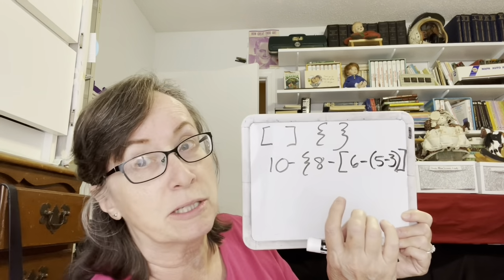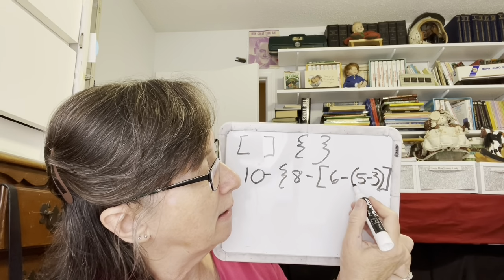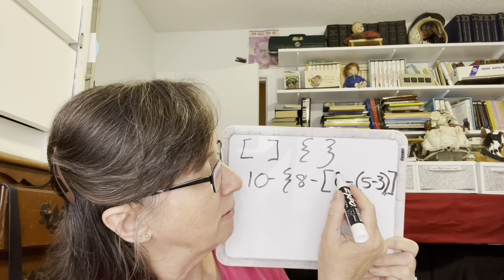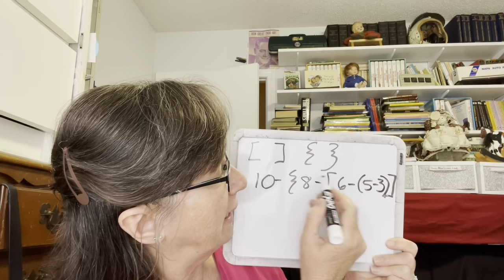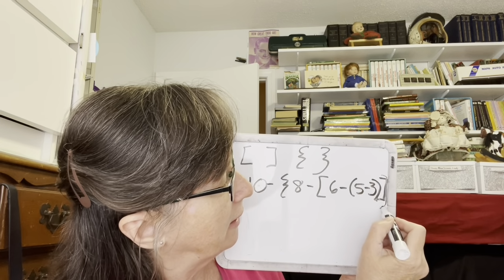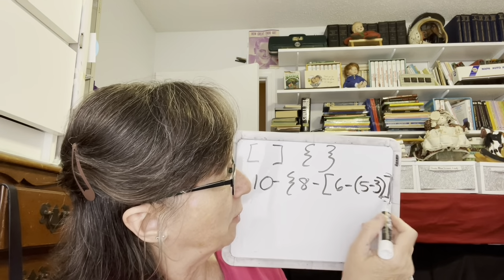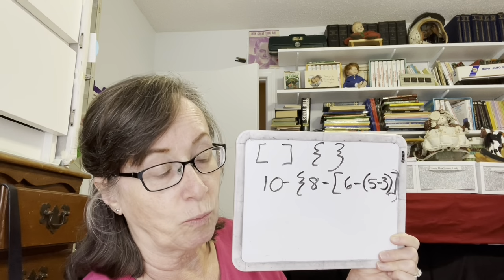We always use them in pairs though. You see how here's a parenthesis, and then outside is a bracket. And then outside that, oops, I didn't include it, but it's right over there, is the brace. Okay, so we always have them in pairs, and the starting and ending point tells us where we're supposed to be.